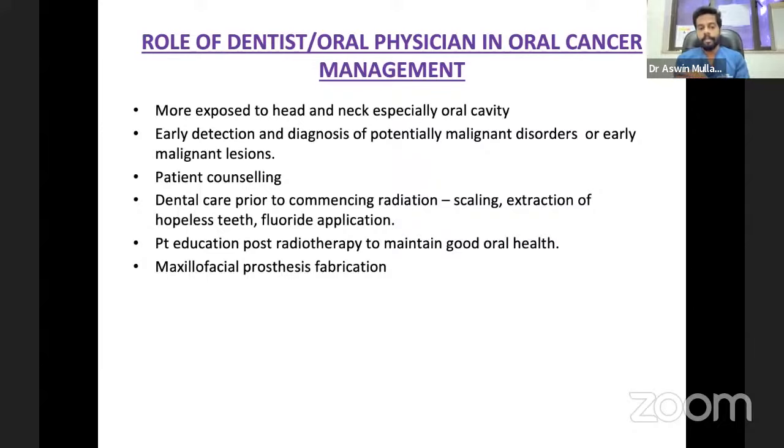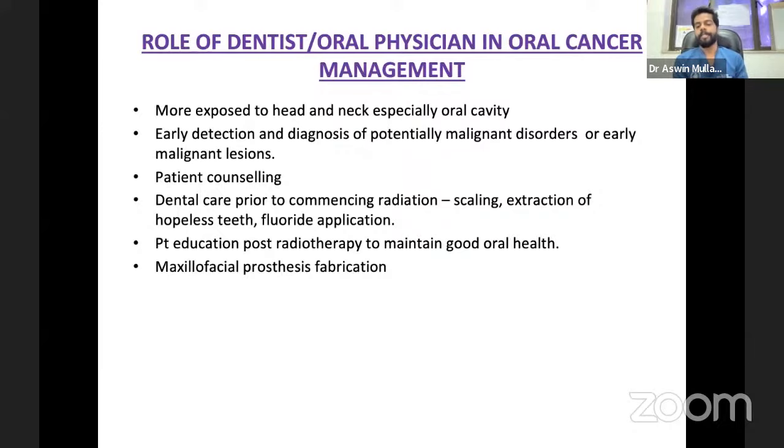So they have a major role in primary or early diagnosis. Early diagnosis means good survival. They can further counsel the patient regarding adverse habits or maintaining hygiene of the oral cavity.